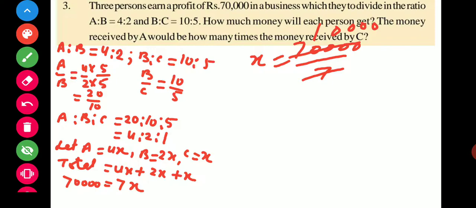Yes. So A's money is 4 into x, 4 into 10,000. So it becomes 40,000.